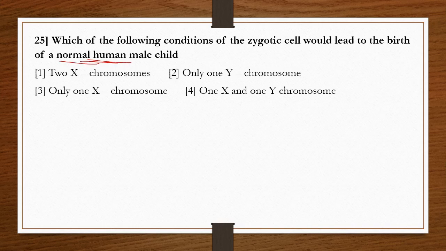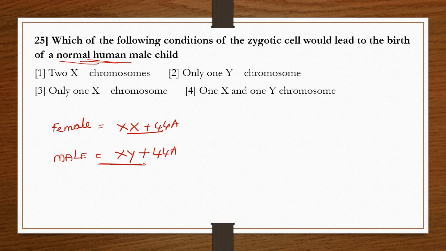We all know that the female is represented with XX plus 44 autosomes, and the male is represented with XY plus 44 autosomes. So a normal male should consist of X and Y. If both X chromosomes are present, it is female.